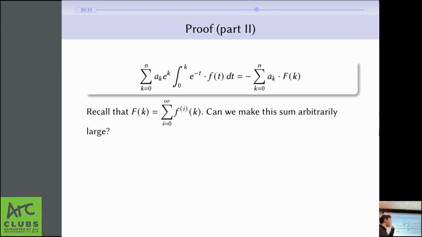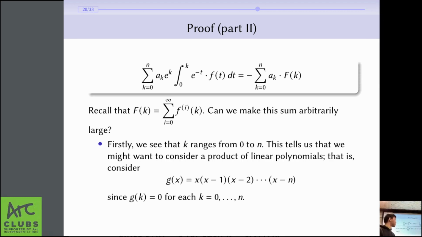Okay, so if I consider just the sum of f of k, can I make this sum arbitrarily large? Because if I can, then naturally that implies that this sum is also arbitrarily large. Well, firstly, as we saw before, k ranges from 0 to n. So maybe one thing we want to consider is a product of linear polynomials which have roots exactly 0 to n.